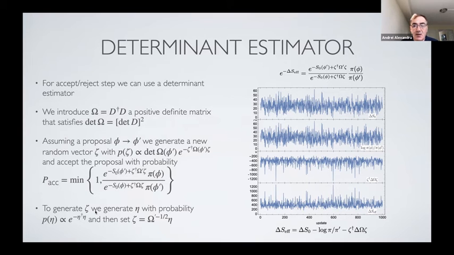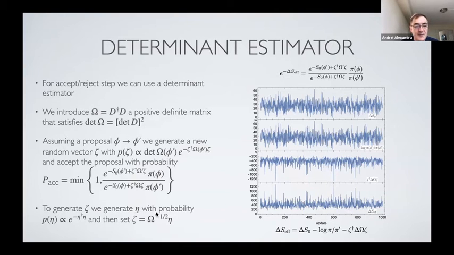And how do you generate zeta? Because it seems like it's a bit difficult to generate zeta given that you want this particular probability distribution. It's not really that difficult. You generate eta, which is a Gaussian field, and you can actually generate eta quite easily. There are easy techniques.